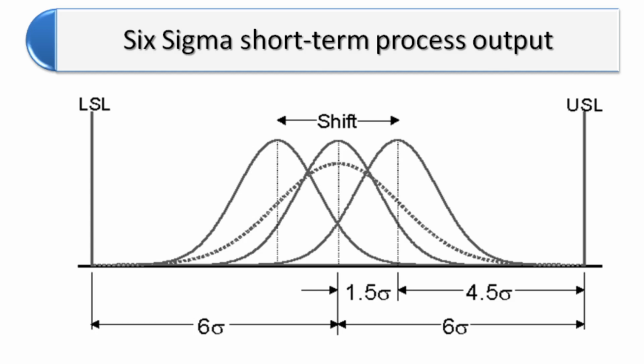So see here, it is a sigma short-term process output. Suppose you want to know what is 6 sigma, what is 1.5 sigma, what is 4.5 sigma. There are certain levels they have given. So in the middle bell-shaped curve, it is the mean, and there is a shift of that mean sigma level to the 6 sigma level. This is the lower side limit, and on the right hand side is the upper side limit.